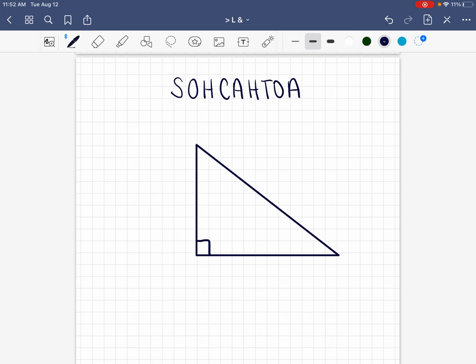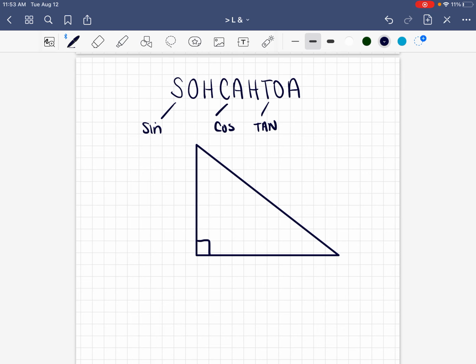So let's get started. One of the popular terms that you'll hear in trigonometry is SOHCAHTOA, and it's just a way for you to remember whenever you need to use sine, cosine, or tangent. So whenever you're dealing with a trigonometry problem, you're either going to have to deal with using an equation for sine, an equation for cosine, or an equation for tangent.